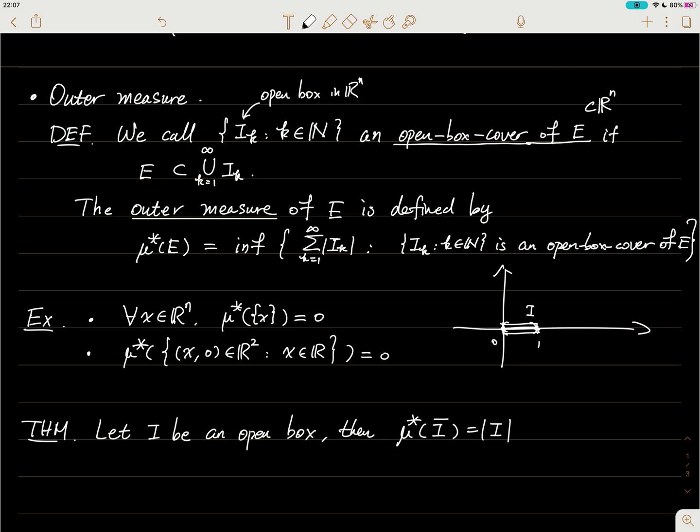Let's say the height is epsilon. So the area will be just 1 times epsilon, which is equal to epsilon. No matter how small I make epsilon, I can always cover the interval from 0 to 1. So that's why the interval 0 to 1 has outer measure equal to 0.